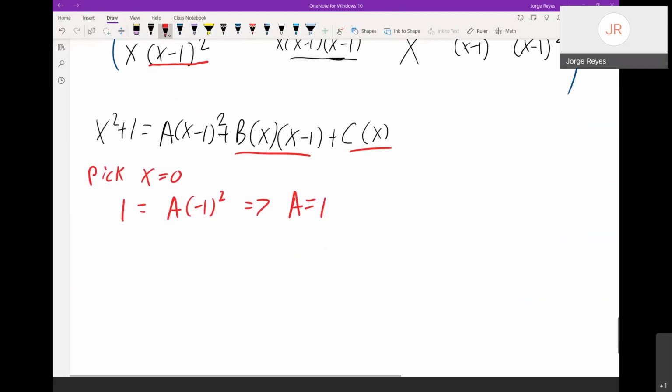But notice this problem. Now I'm going to pick x equals 1. Okay, so you're going to get 2 equals. This is 0. This is 0. So C equals 2. Never mind. So my trick is still good. All right.